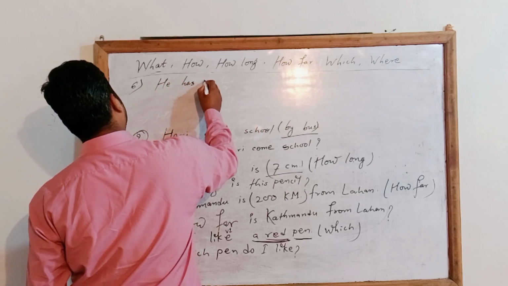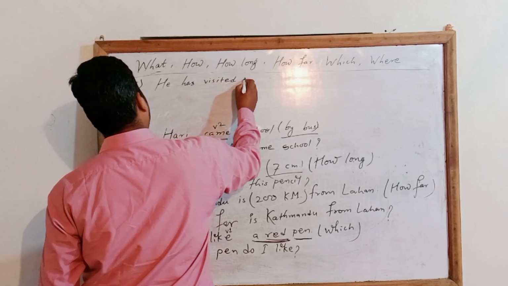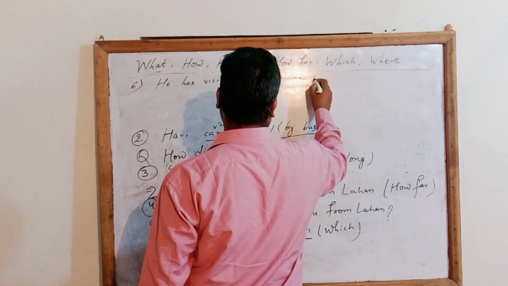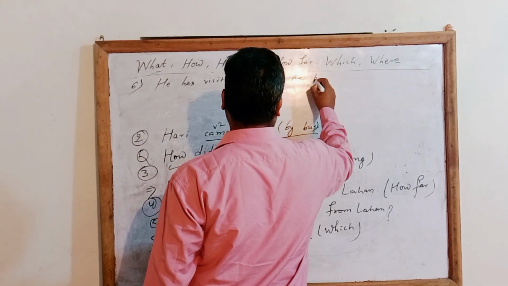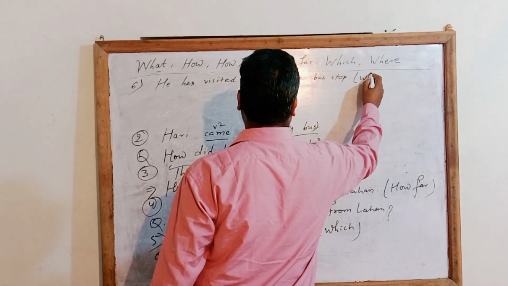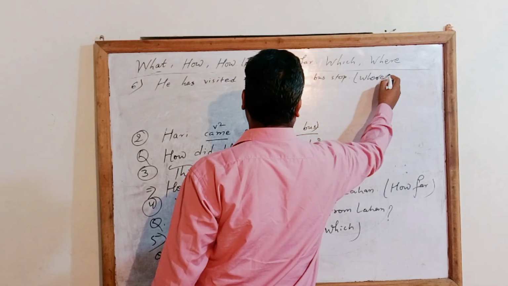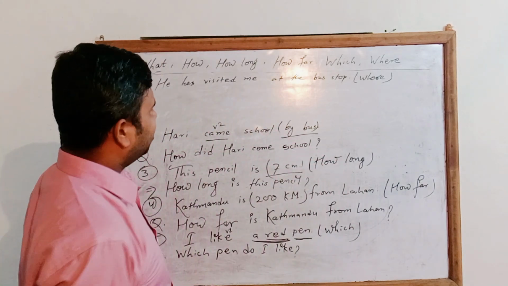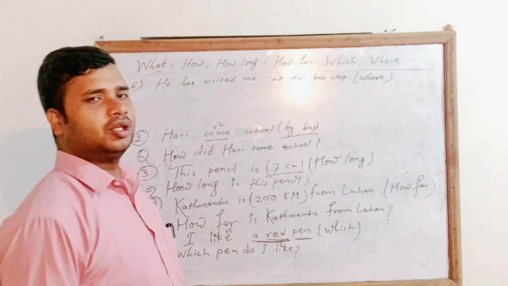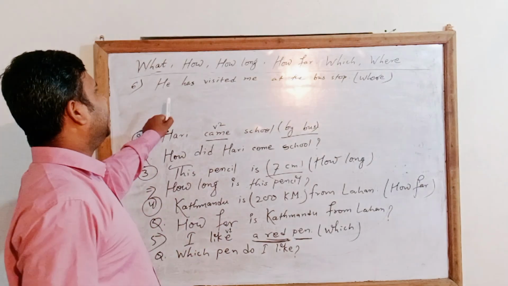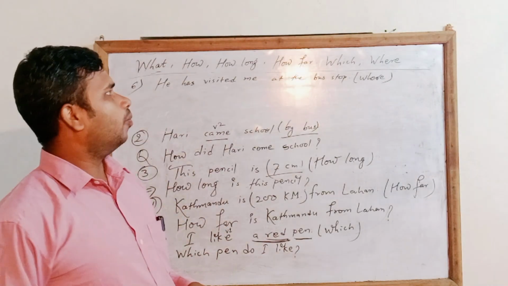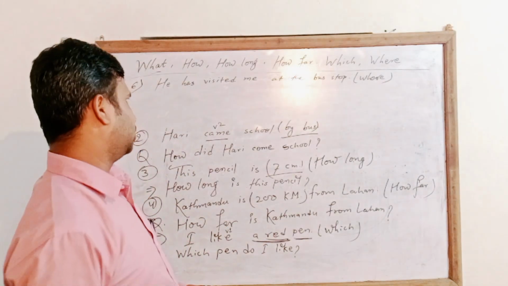He has visited me at the bus stop. Where question. Listen. He has visited me at the bus stop. Bus stop means bus बिसोनी जहाँ bus रुकने गर्छ. Okay. He has visited me at the bus stop. अनि उहाँले मलाई बस बिसोनीमा भेट्नु भएको छ.